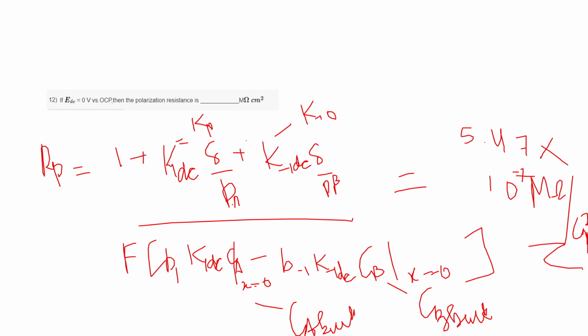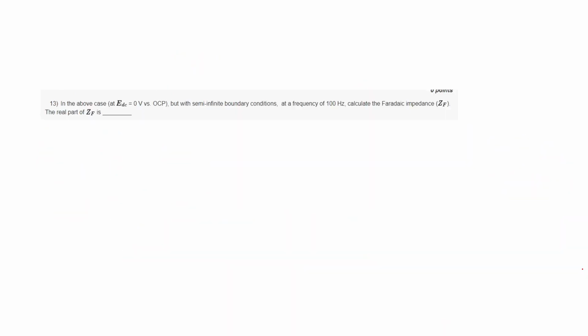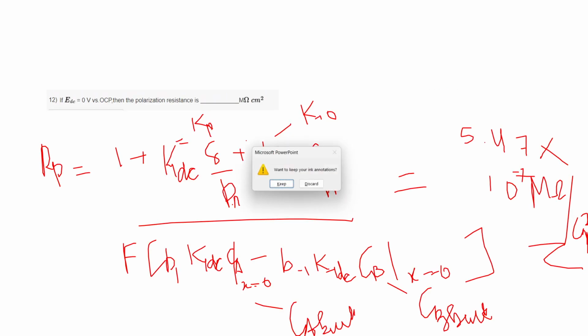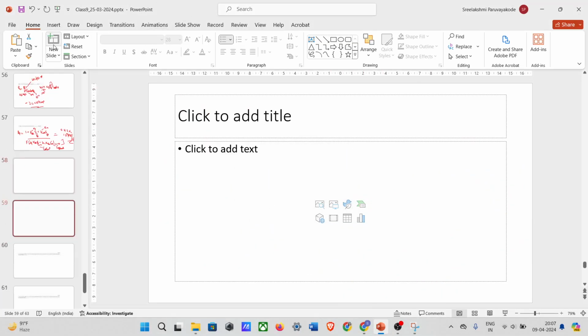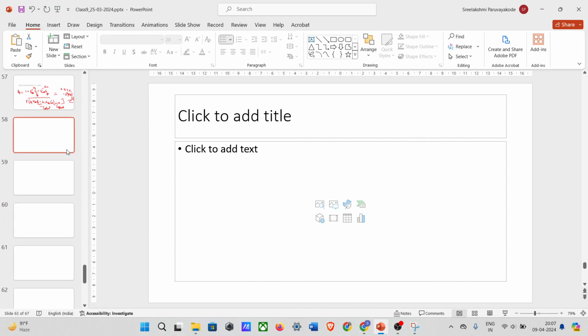Please try it out. The next one corresponds to the semi-infinite boundary condition. We'll discuss that last derivation, how that approach works, and then we'll discuss the questions from that part also.